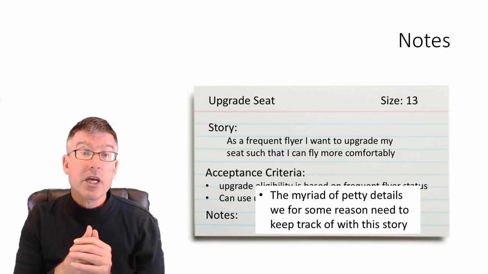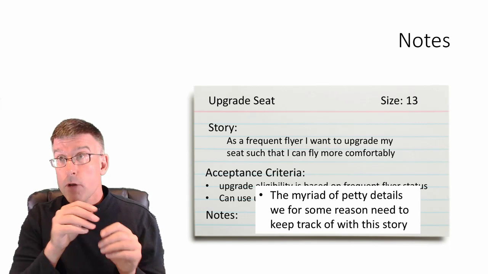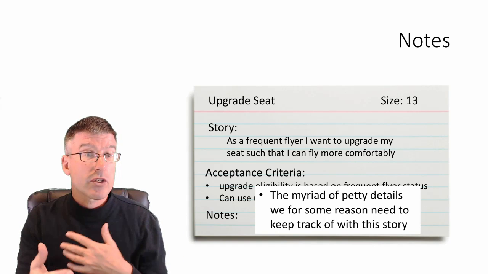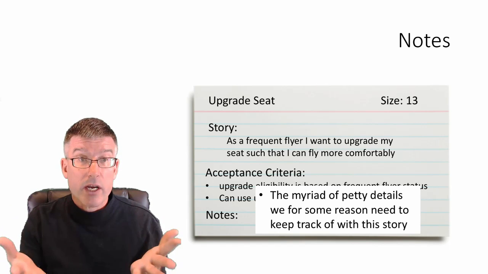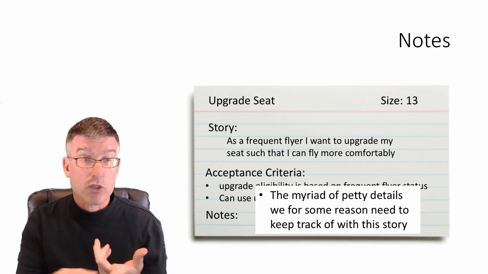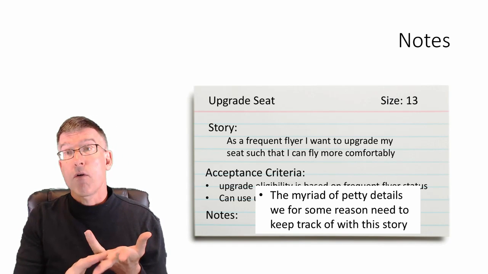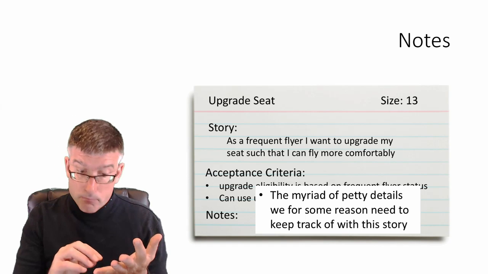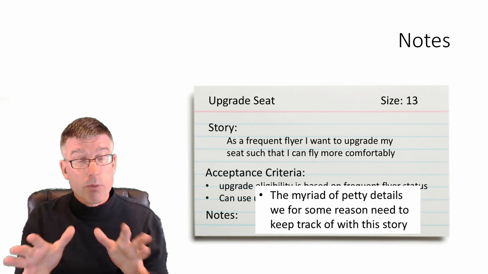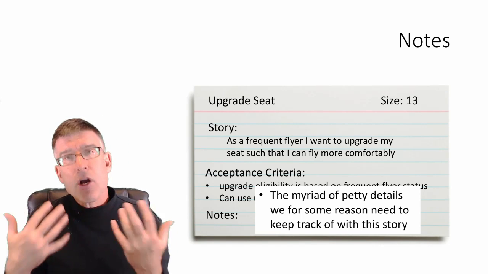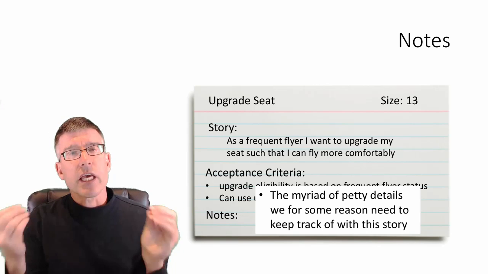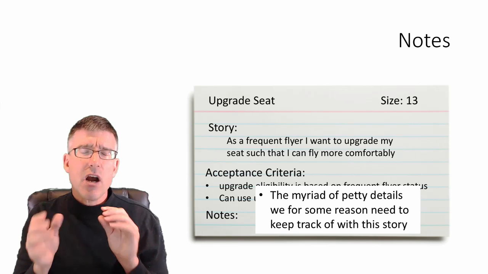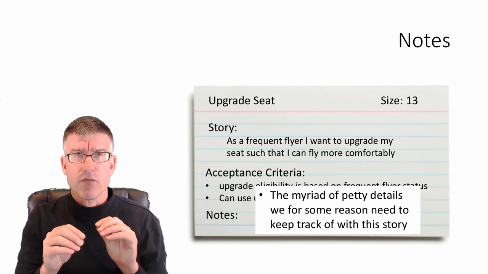In your organization, this notes may expand out to multiple fields. If you go into, for example, where your organization stores its user stories, whether that be Excel or VersionOne or Rally or Jira, you'll probably see a number of fields, but I'm calling those collectively the notes because the additional fields there are very much going to be site specific.